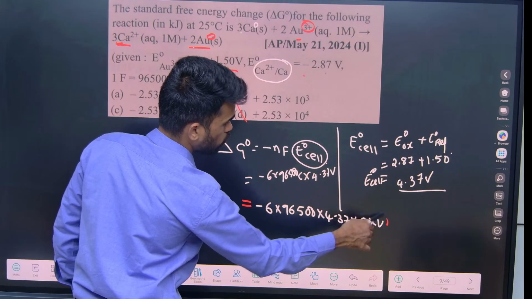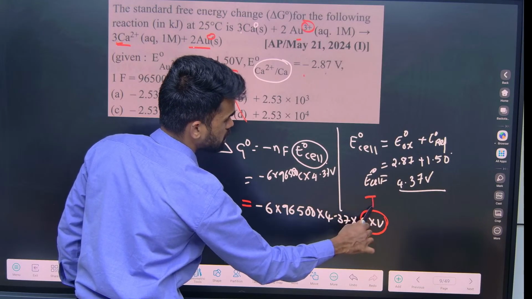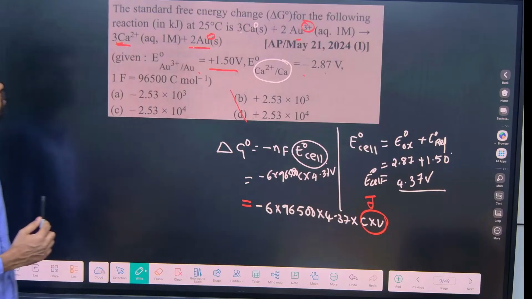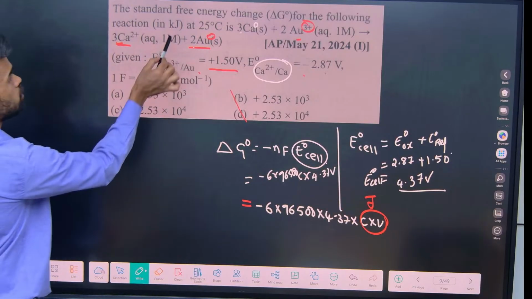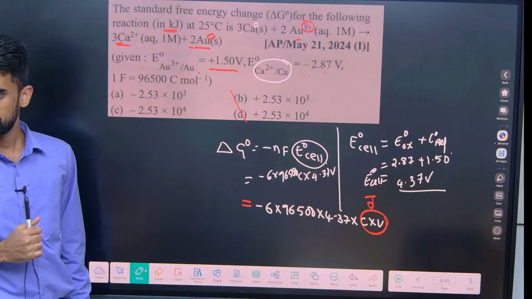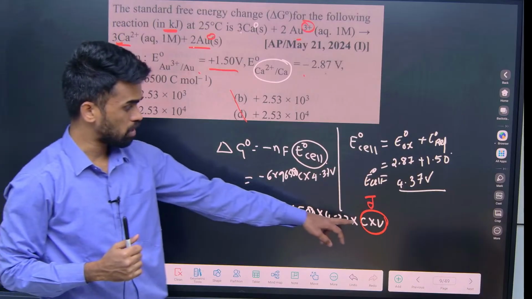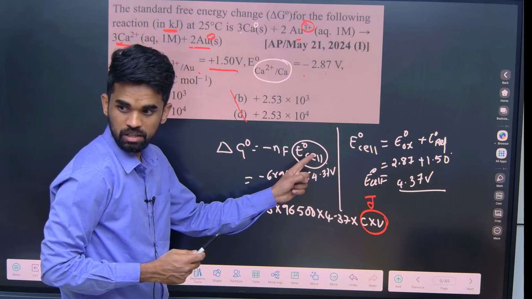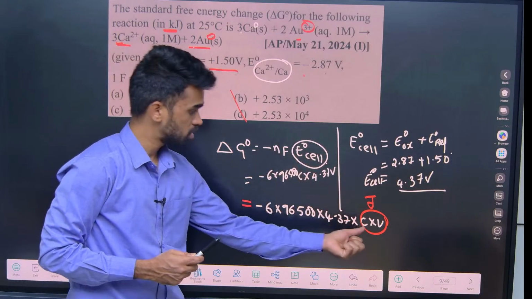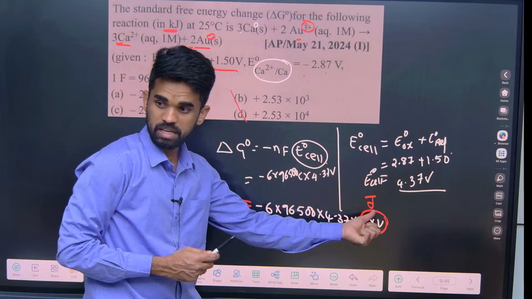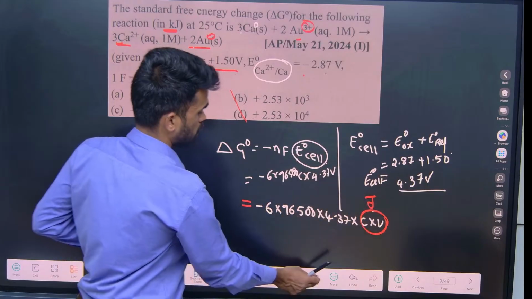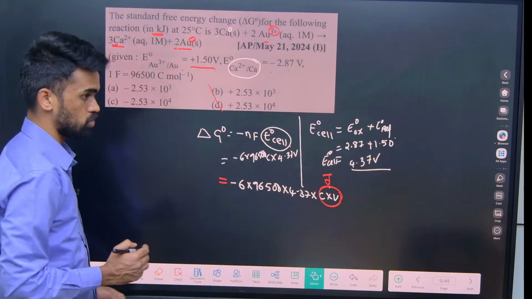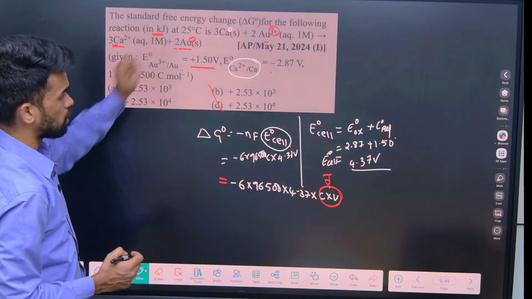Coulomb into volt, you can say this as joules. They are asking in kilojoules. Remember this, charge into potential is nothing but work, in terms of joules. Gibbs free energy should be in joules, but they are asking in kilojoules.